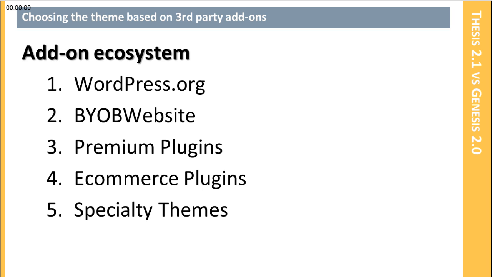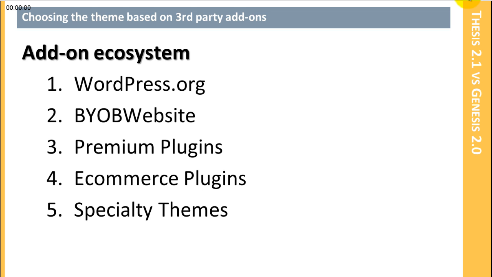There's just all kinds of plugins like that, and by and large, none of that is needed in Thesis. So the absence of that stuff for Thesis 2.1 probably shouldn't be considered a negative, because it's just not necessary.